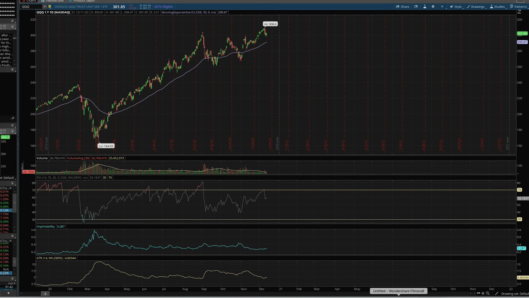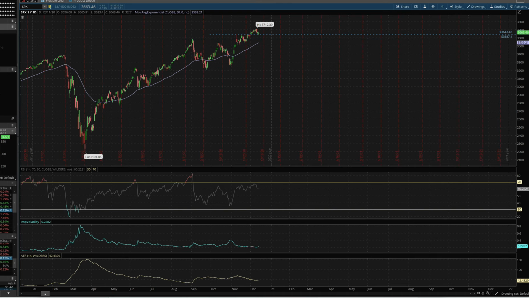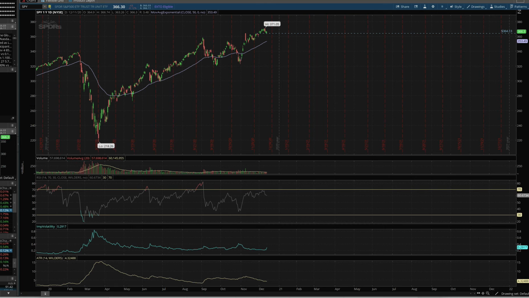So I'm going to go into some ETFs that I watch. If you're ever looking at being an ETF trader or just an index trader, if you're one of those people like me that really don't look at stocks that much, but like to look at the overall condition of the market, that's kind of what I focus on. That's my niche.